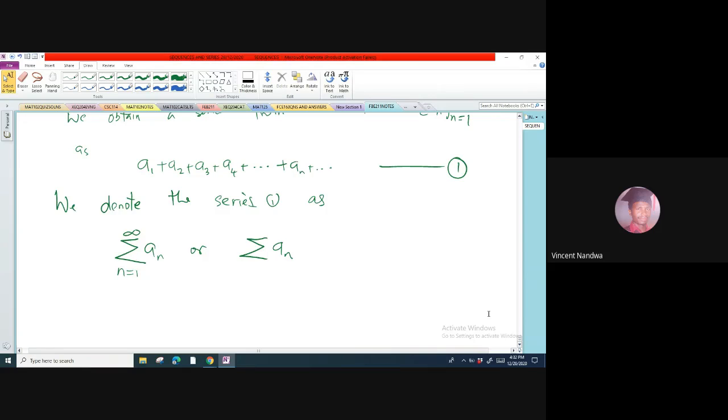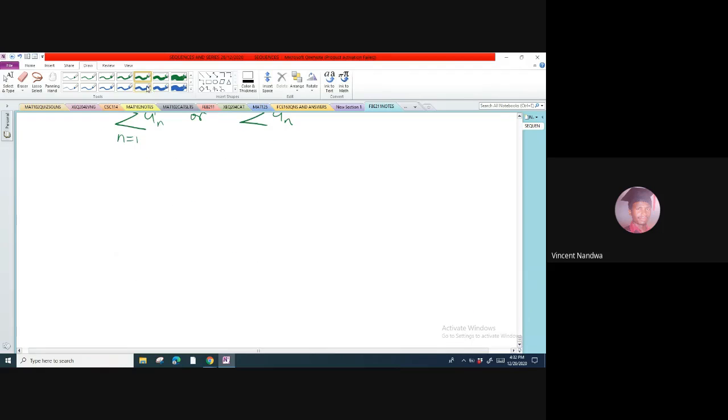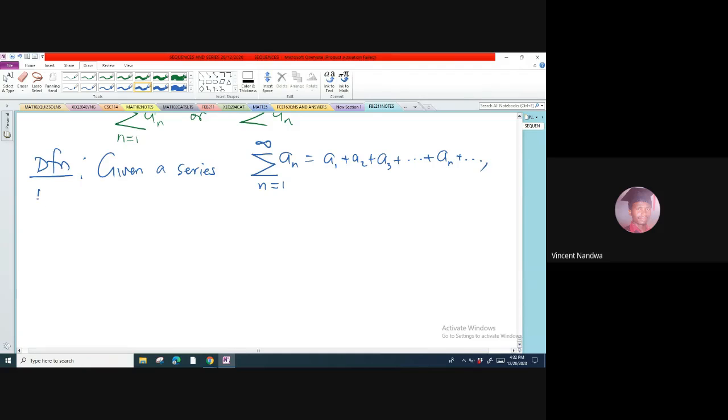So a definition. Given a series which is A1, A2, A3, let Sn denote its nth partial sum.